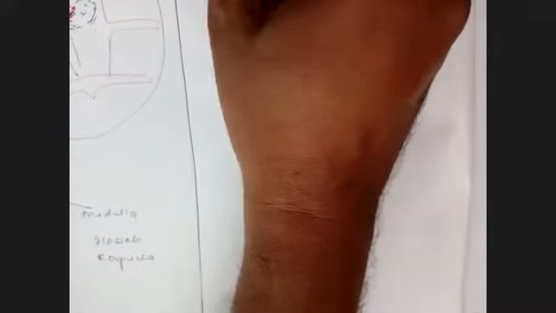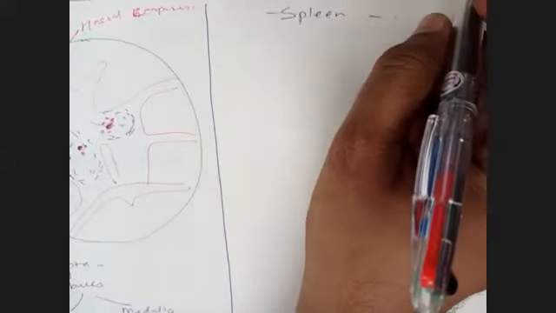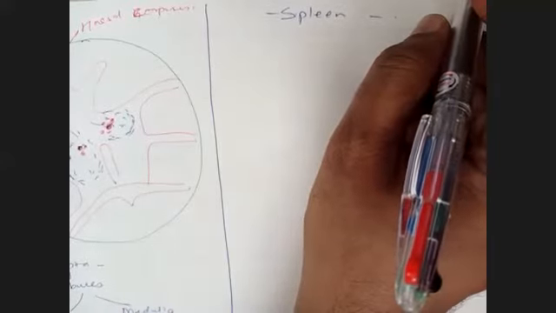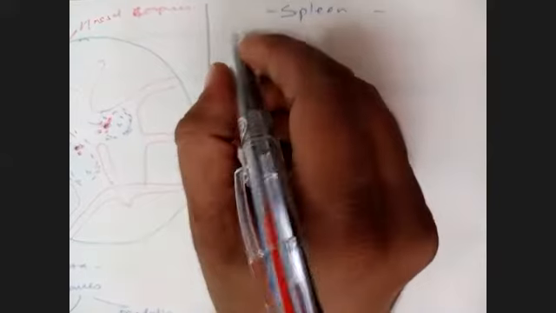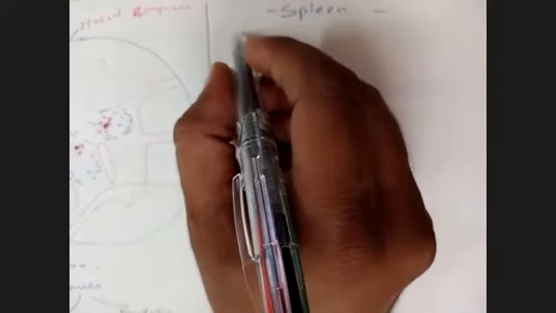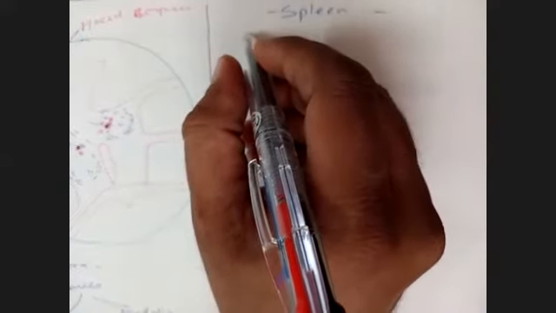Then we move on to our next organ, and that is the spleen. In fetal life it was a site of hemopoiesis, where blood cells were formed, and in adults it is also a site of hemopoiesis.